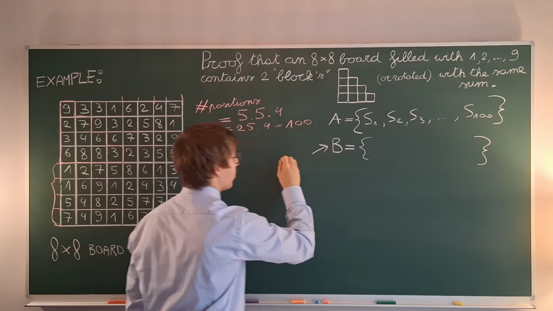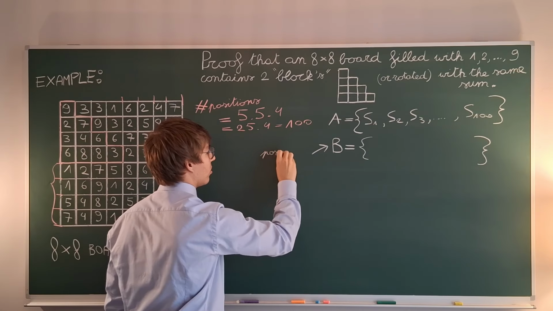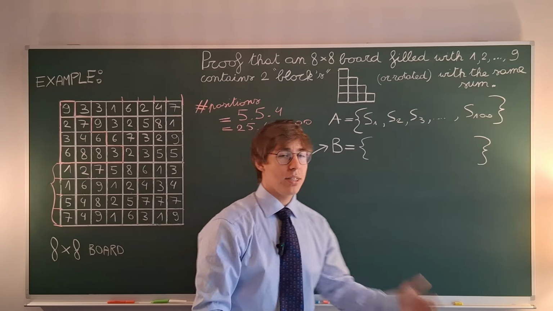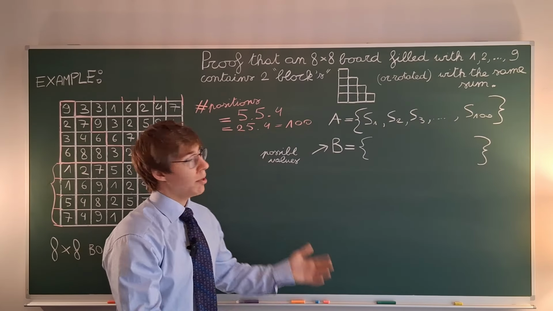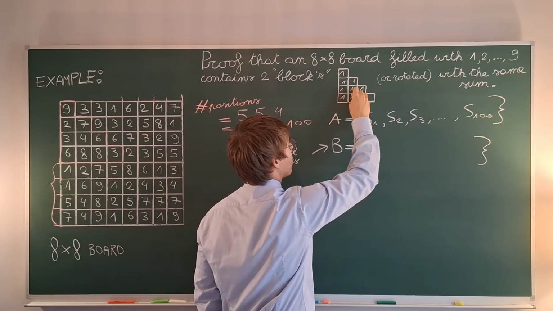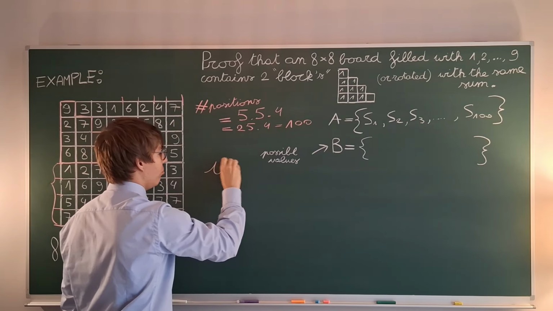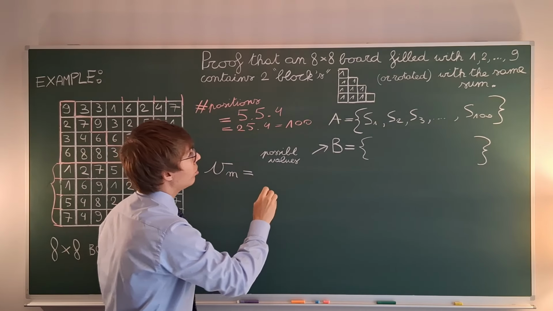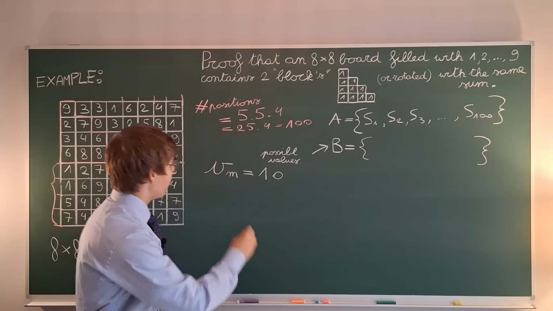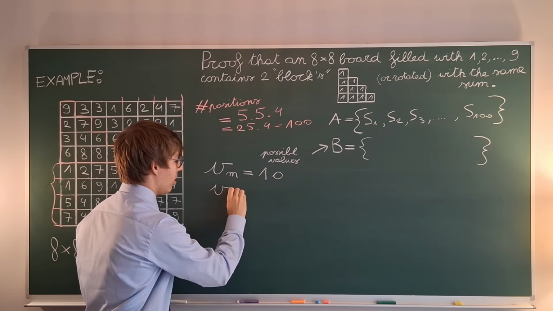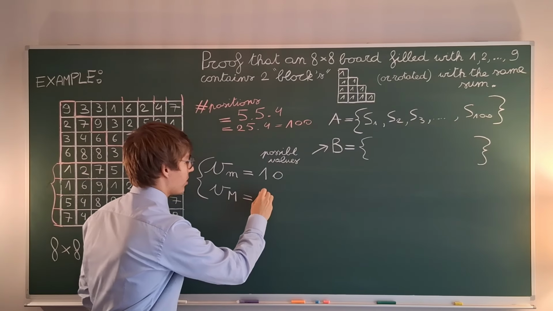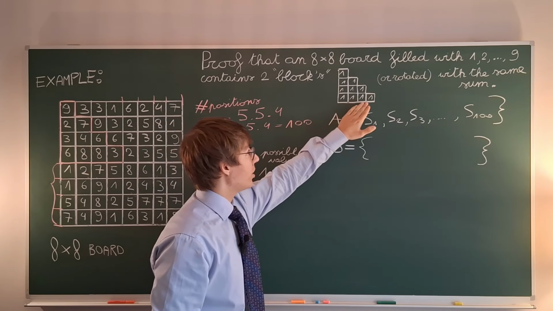So B is all the possible values. But this is easy to check, because the minimal value will appear when we have all ones. So the minimal value is equal to 1 times 10, which is 10. Now the maximal value is all 9s. So 9 times the amount of squares we got, and that is 10.